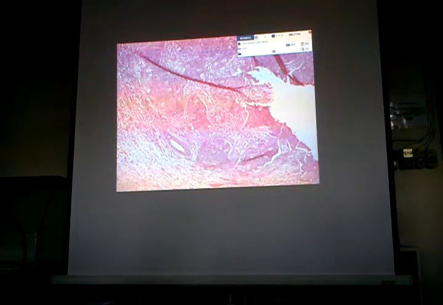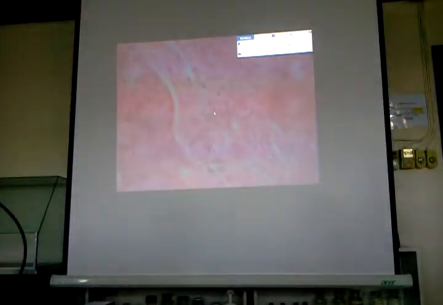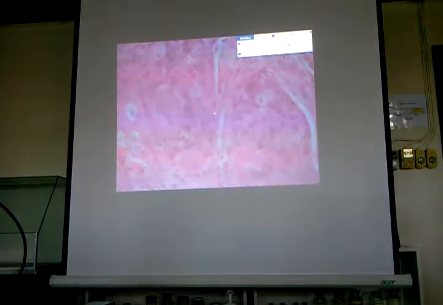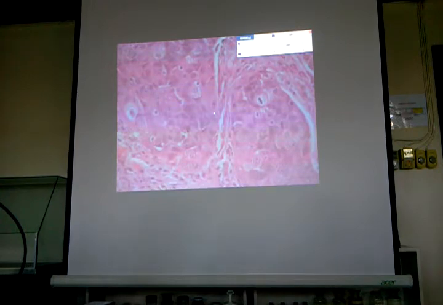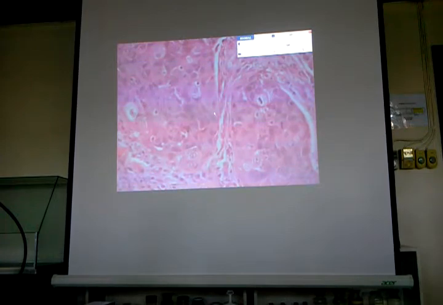The cells that we are seeing resemble what type of epithelial cells? Anong type of epithelial cell yan? Columnar, cuboidal, squamous, squamous epithelial cells. And then those are mitotic figures, indicating that these cells are multiplying at a very fast rate.